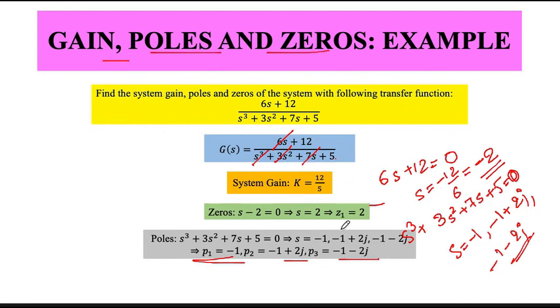So in general, a complex pole will always be of the form a plus minus jb. This is because all the coefficients of my transfer function are real. So this is the basics of transfer function modeling. Okay, thank you for today's lecture.